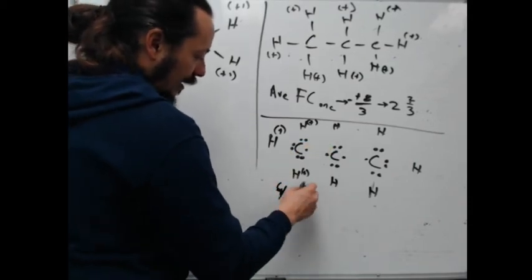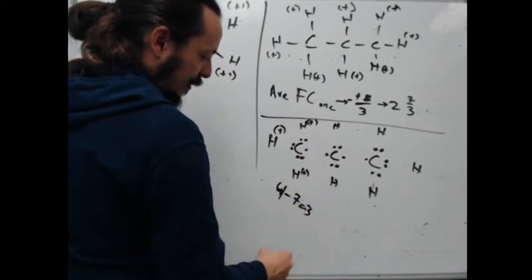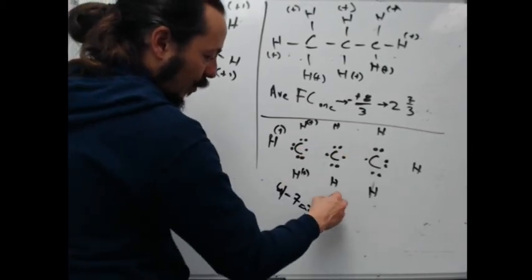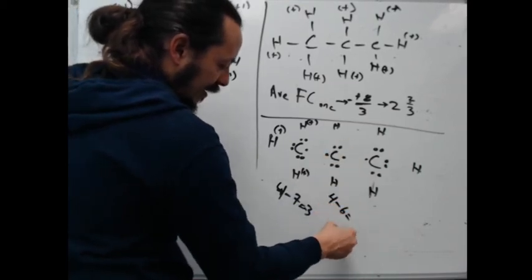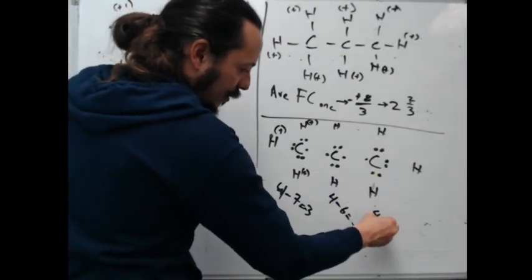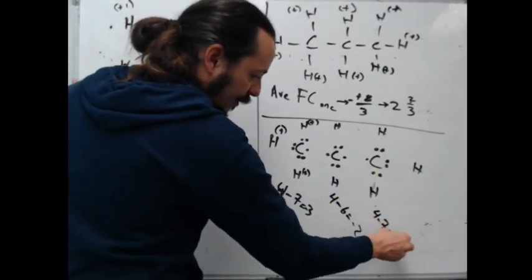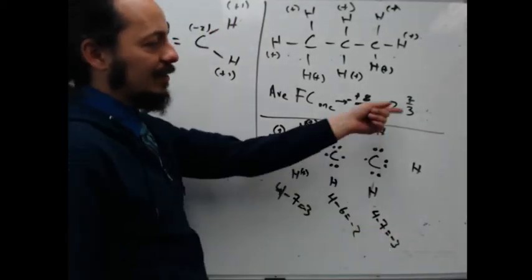Starts with 4. It's going to have 2, 4, 6, 7 electrons. That's going to be a minus 3. Carbon is 4. It's got 2, 4, 6 electrons, minus 6. Carbon is minus 2. And this one is 4 minus 7, minus 3. So minus 3, a minus 2, and a minus 3. If I average that together, 2 2/3.